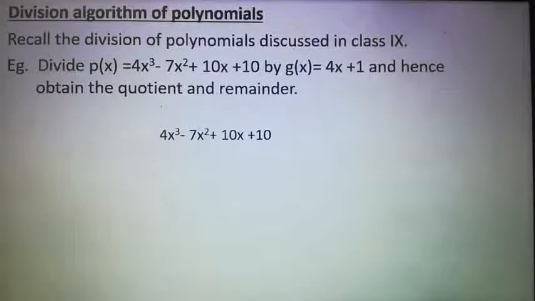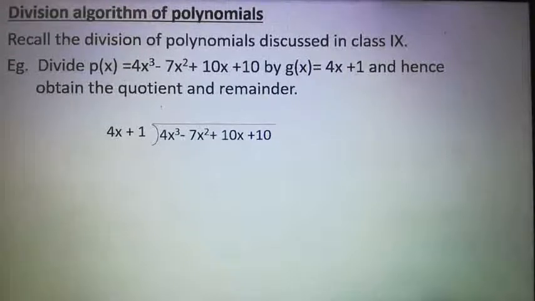Now let us take the dividend polynomial divided by the divisor polynomial 4x plus 1. Just as in the division of numbers, only a slight change is there. The dividend polynomial is 4x cubed minus 7x squared plus 10x plus 10, divided by the divisor polynomial 4x plus 1. For the purpose of division, we take only the first terms.